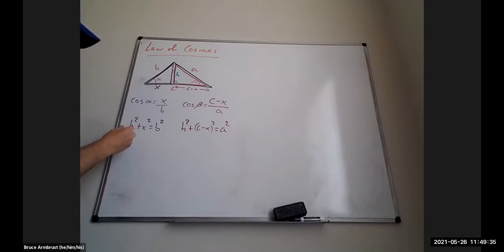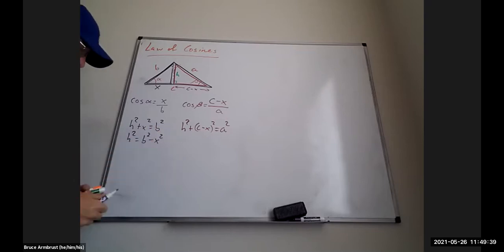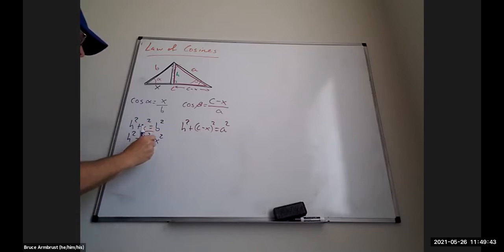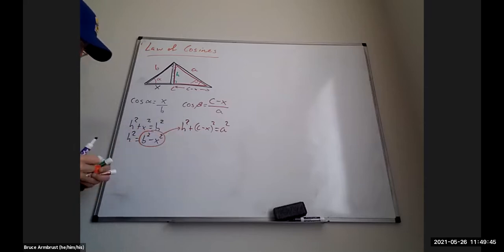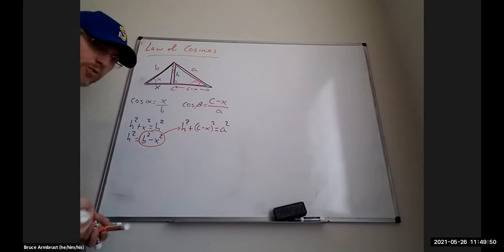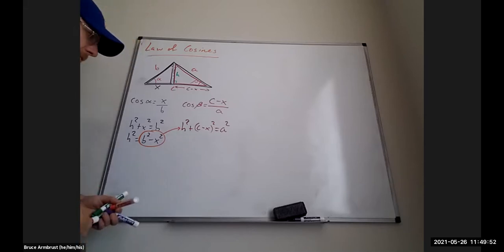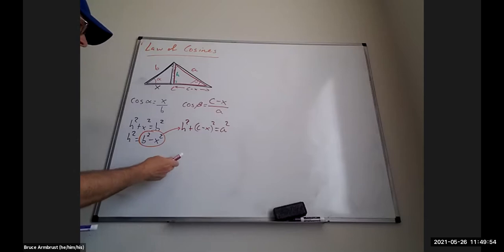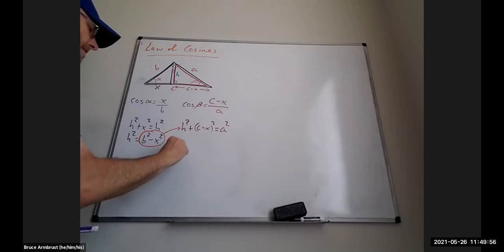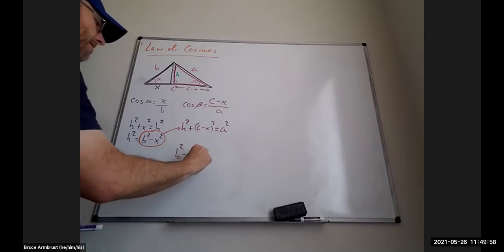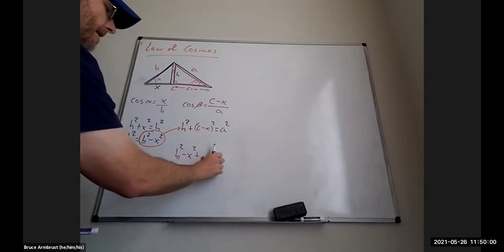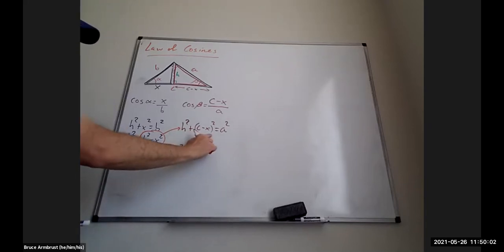Because from this, I get h squared is equal to b squared minus x squared. So let's just take that and fire that in here. All right, so that's one less letter, one less piece of information that we can get rid of. So we've got now b squared minus x squared plus, the other thing I'm going to do is FOIL this out.